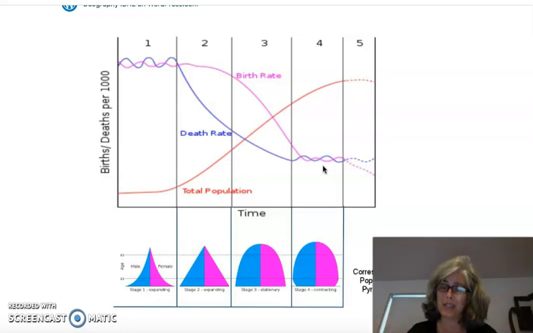The total fertility rate, like we went over in a recent video, is the number of children per female of childbearing age. In industrialized nations, developed nations, that averages out to about 2 per childbearing woman.